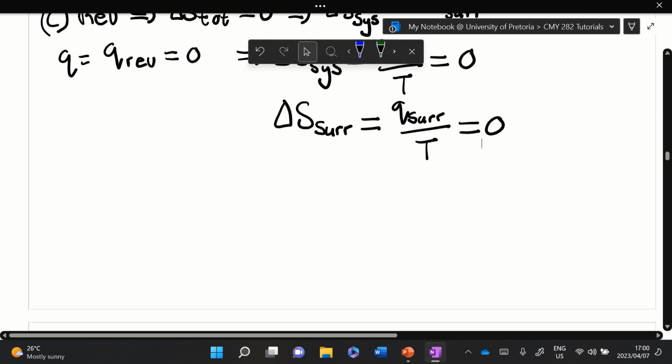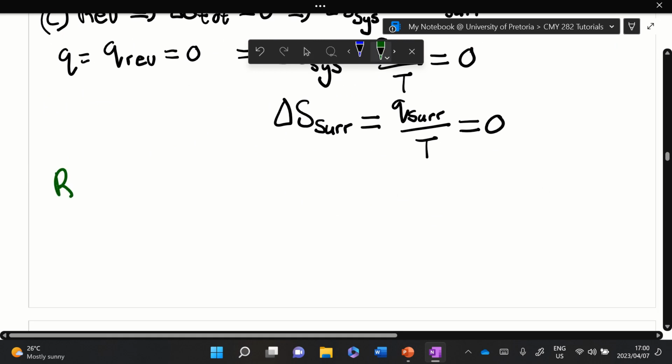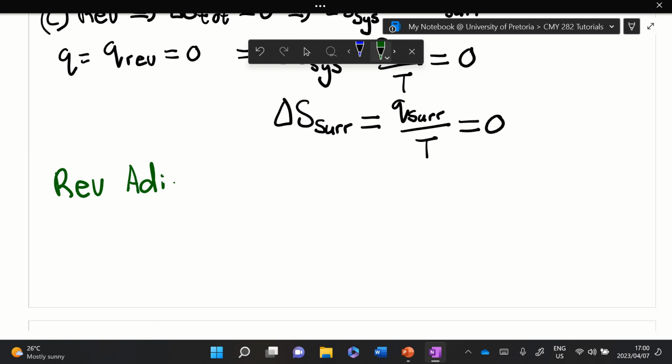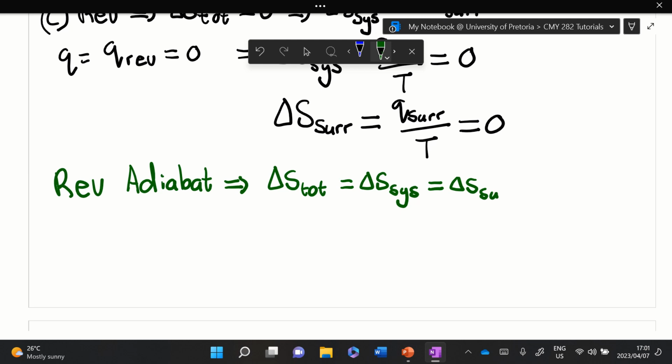So we can write reversible adiabat implies that all of them are equal to 0. Why?